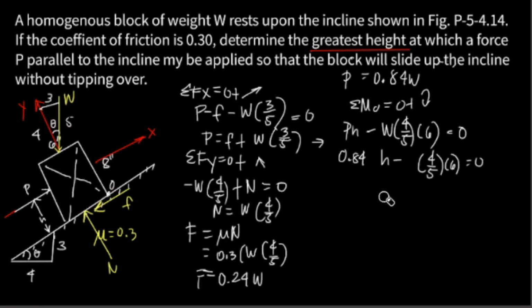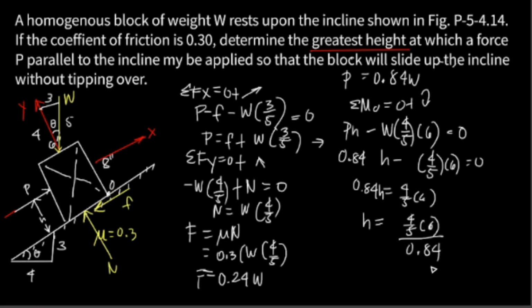From this, we can calculate H. So 0.84H is equal to, moving to the right side, 4 over 5 times 6. Divide both sides by 0.84. So H is equal to 4 over 5 times 6 divided by 0.84.